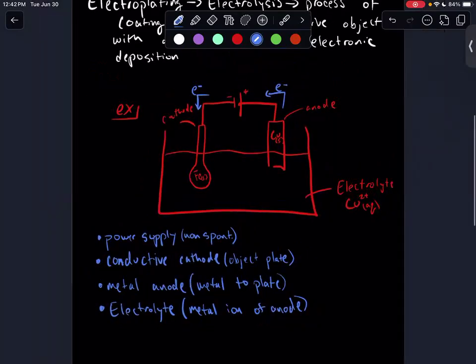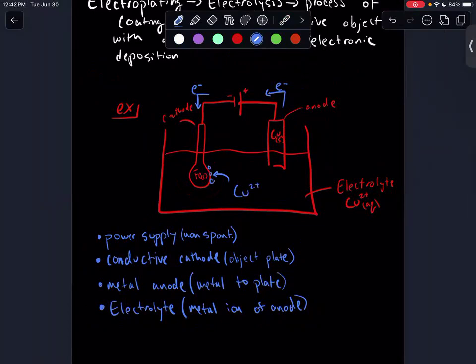All right. So like any general electrolysis, we're going to develop a negative charge on the cathode. And our Cu2+ ions in solution are going to come here, grab those electrons, and start depositing on the surface as solid copper. And that forms our thin plating. Now, as we remove copper from solution, we actually need to add back copper from our anode. So this is why it needs to be the same thing.